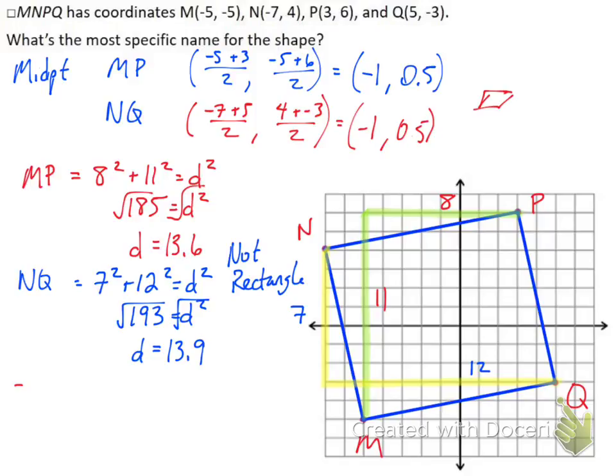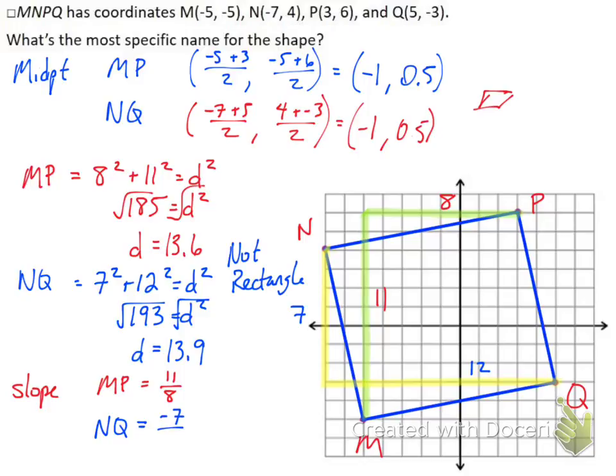Next thing is to find the slope. So the slope of MP. Again, MP is the green line, so I went up 11 and right 8, so 11 over 8. And then with NQ, I went down 7 and to the right 12.